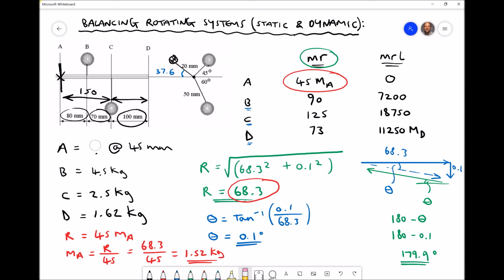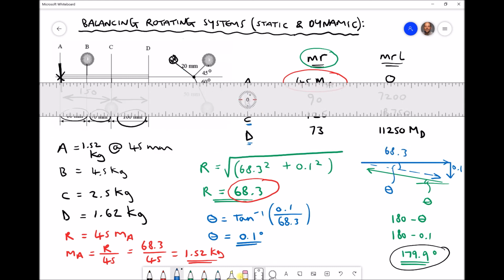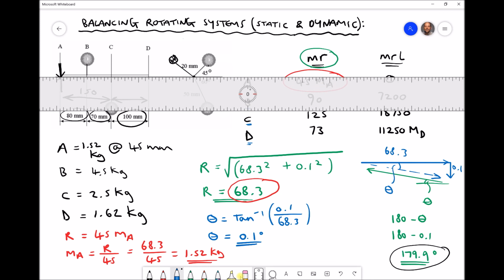So adding our value underneath our diagram, we have A equals 1.52 kilograms at 45 millimeters. We also know that that acts at an angle or a bearing of 179.9 degrees. So let's go ahead and add that to our diagram. We have a bearing of 179.9 degrees.